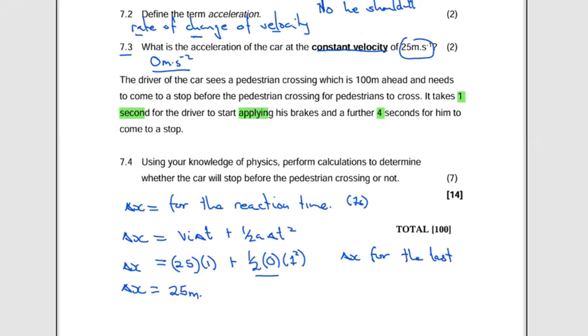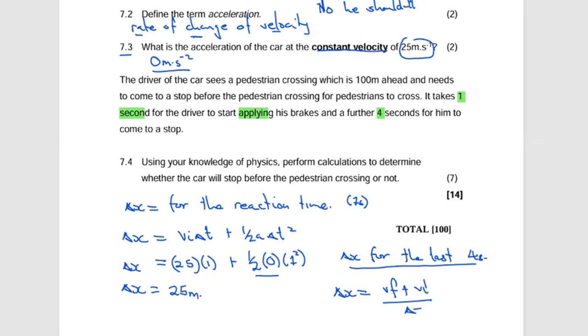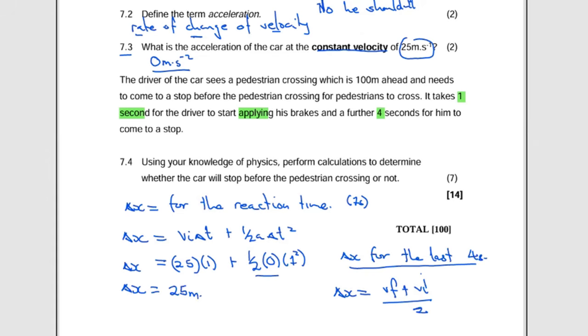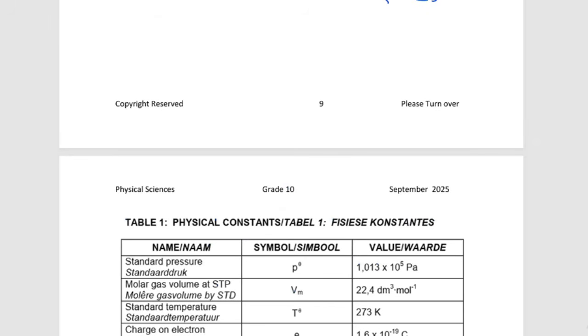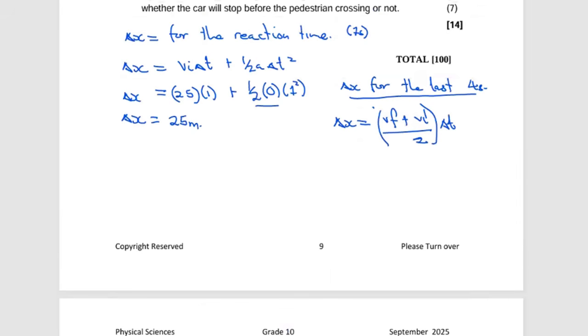Then I also need to calculate delta x for the last 4 seconds. For that I'm going to use the equation delta x is equivalent to vf plus vi, all over 2, multiplied by delta t. It comes to a stop, therefore the final velocity is 0.